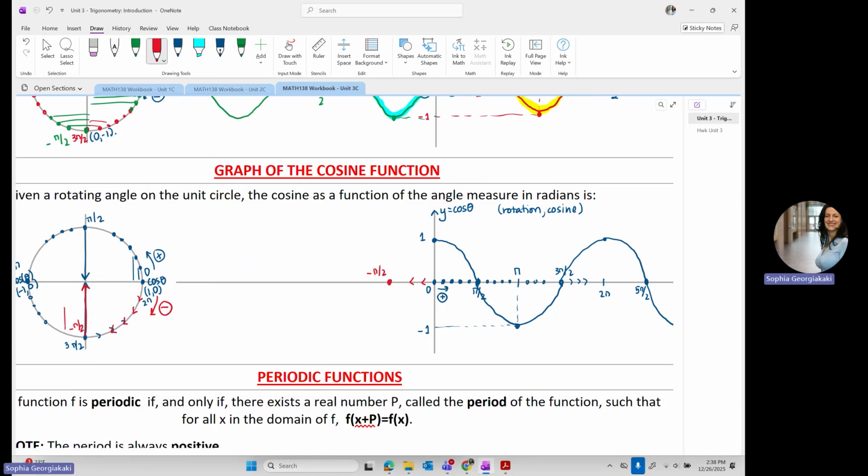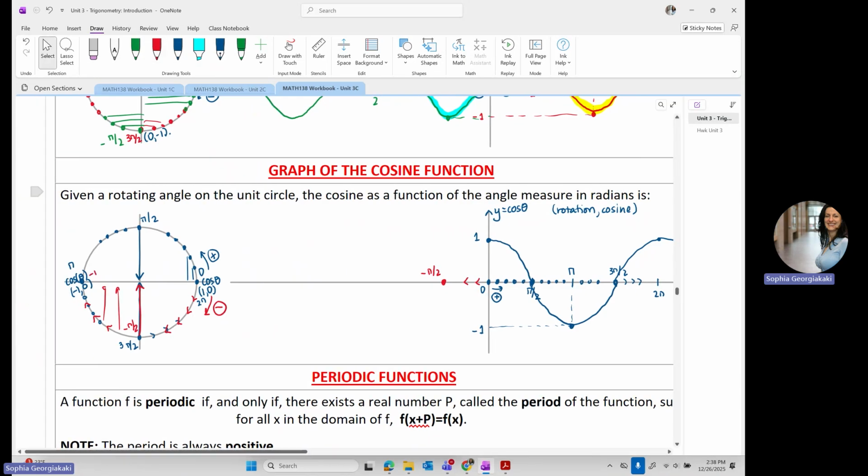And then I will have negative cosine if I keep moving in quadrant 3 until I hit negative pi. Negative pi will have a cosine equal to -1.